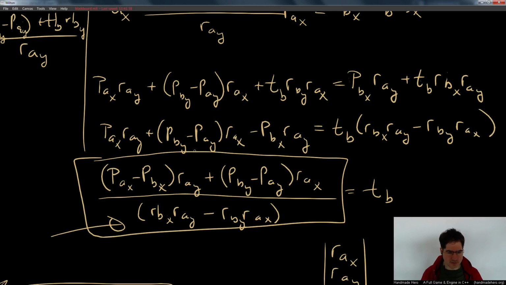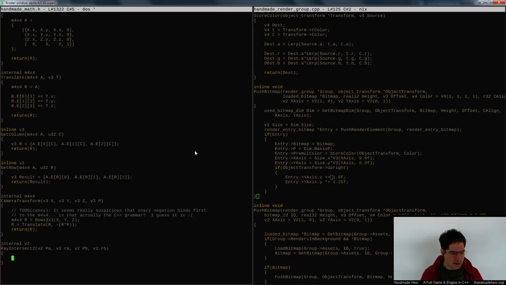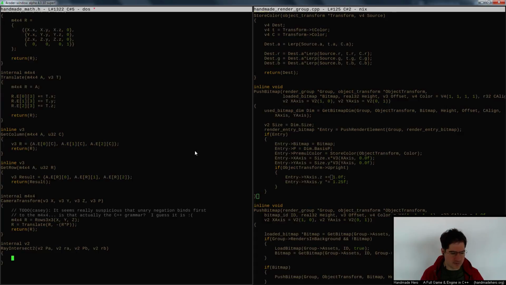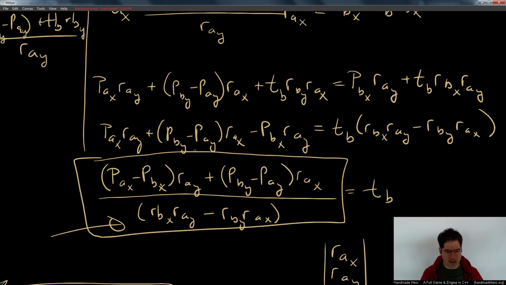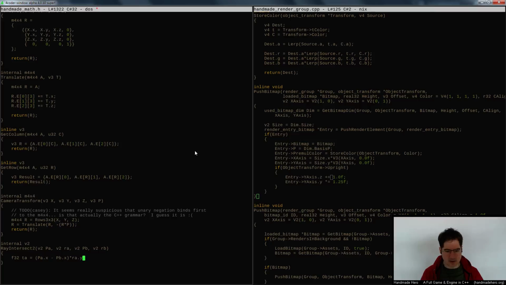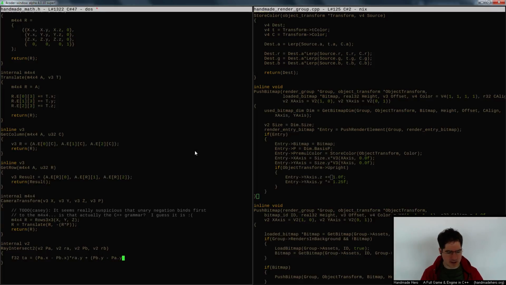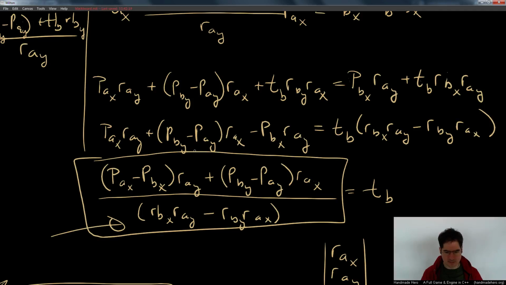Math layout in code is always so unsatisfying. And now we've got our ray intersect call. I need to solve for these two things. So I would like to solve for my TA first, and you can see it's PAX minus PBX, right? I want to multiply that by RAY. Then I want to add PBY minus PAY times RAX, like so.